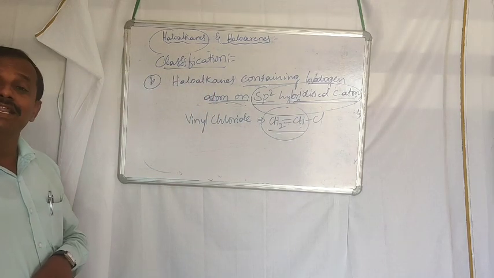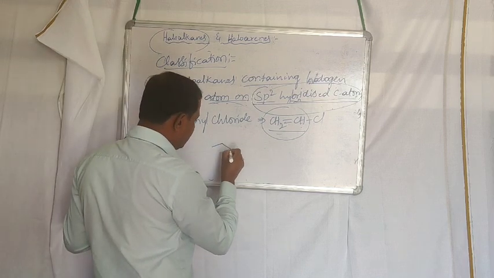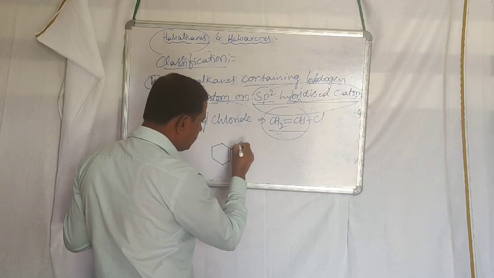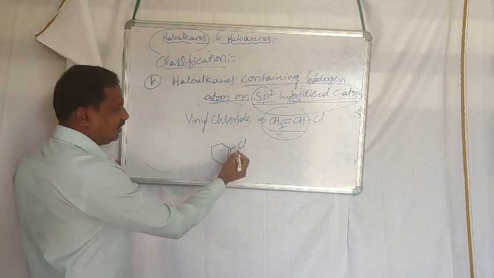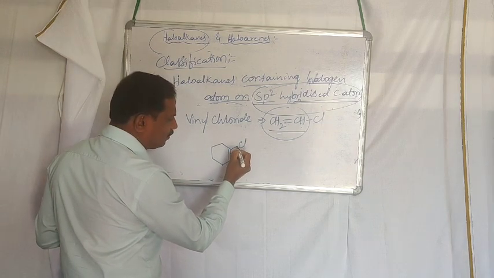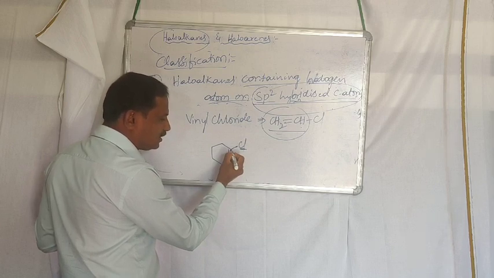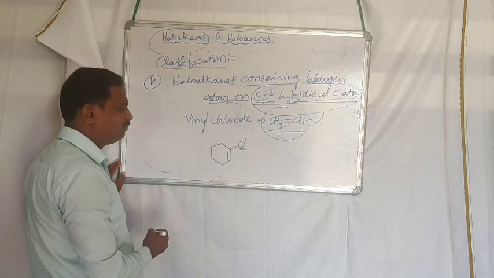Next, you take an alicyclic ring example, that is very simple. In this alicyclic ring, the chlorine atom is directly attached to an sp2 hybridized carbon atom.